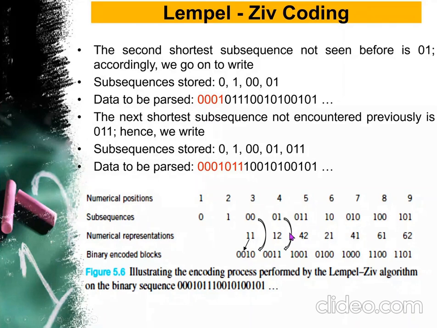Next is the position 4. We have done the same thing. The LSB of the subsequence in the second row is taken as it is to the fourth row and written at the LSB position. So this one is copied down as it is. And then we write the binary representation of the MSB of the numerical representation, which is again 1.